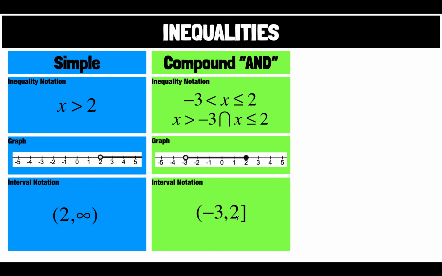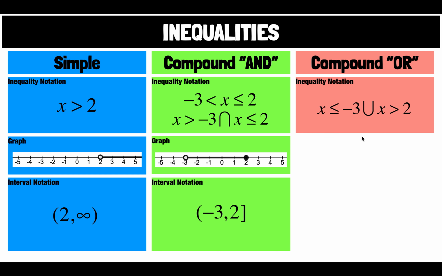And then the third type of inequality that we have is a compound or inequality. A compound or inequality is when x could be one thing or another thing. For instance, you might have an inequality where x has to be less than or equal to -3, or, that's the giant U there, that's the symbol for or, x could be greater than 2.